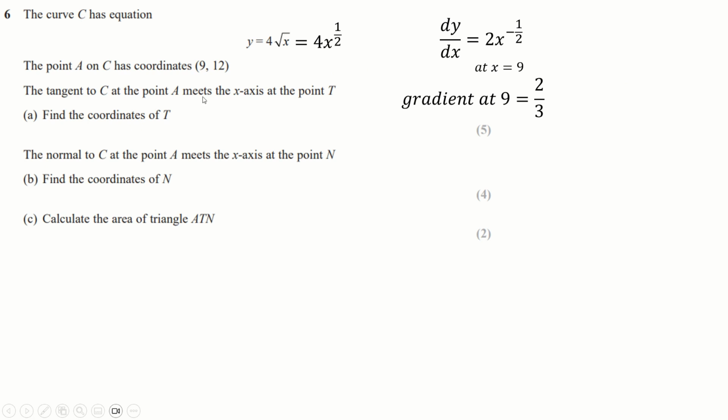And so that's the gradient of the tangent, and then we can just use y minus y1 equals m(x minus x1). And I'm not even bothering to sort this out, because it just tells us that that's the equation of the tangent. I could do stuff with that. But it actually just wants the point where the tangent meets the x-axis. Things meet the x-axis when the y-coordinate is 0.